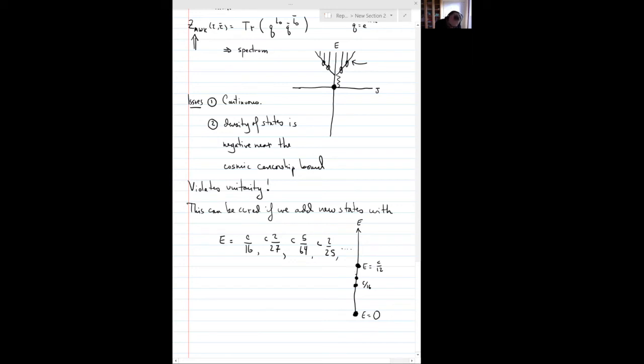You end up needing to add a bunch of states in this window. I've written down just the first few terms, but if you stared at it for a few minutes, you could find the pattern. The pattern is c over 12 times 1 minus 1 over n squared, where n is an integer.